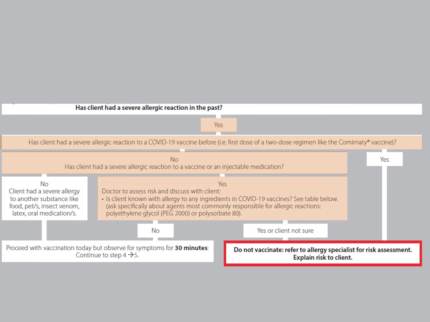If the client has had a severe allergic reaction to a vaccine or an injectable medication, ideally a doctor should risk assess further. The next question should be if the client has a known allergy to any of the ingredients in the COVID vaccines, listed in the table below.